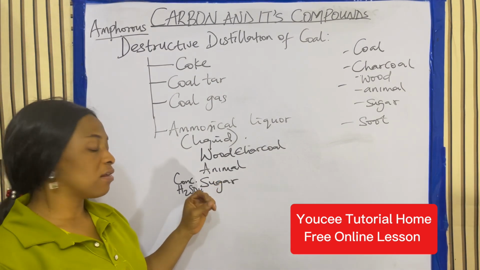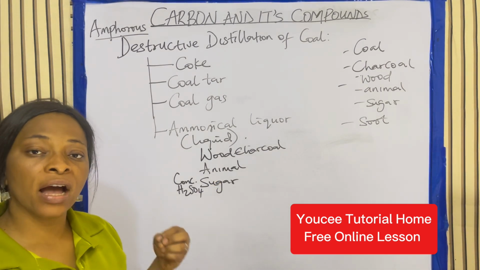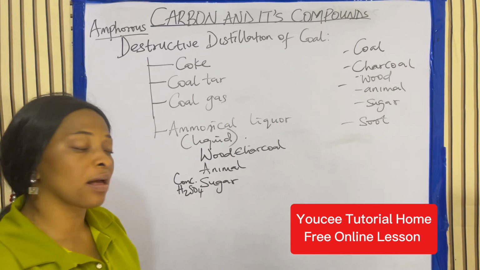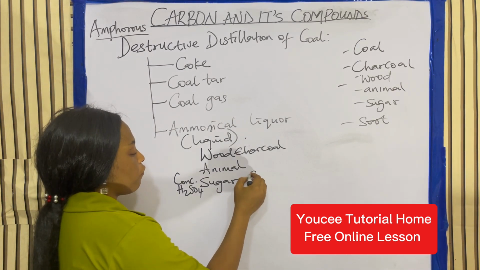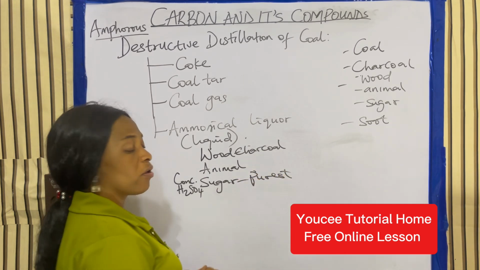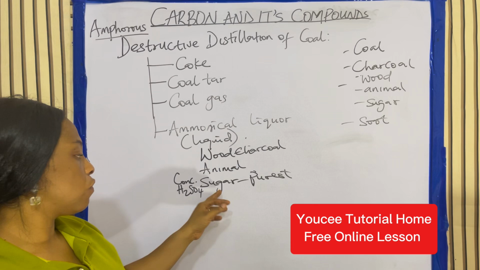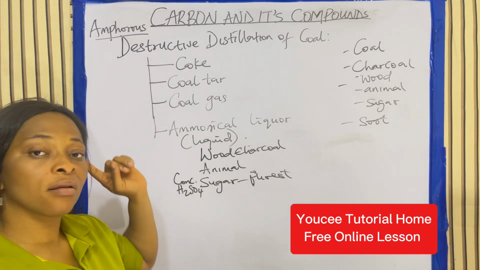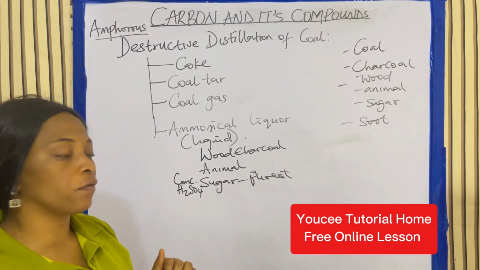When you do that, you obtain sugar charcoal. Now I want you to know that the purest form of amorphous carbon is sugar charcoal, while the purest form of naturally occurring carbon is diamond. Please take note of that.